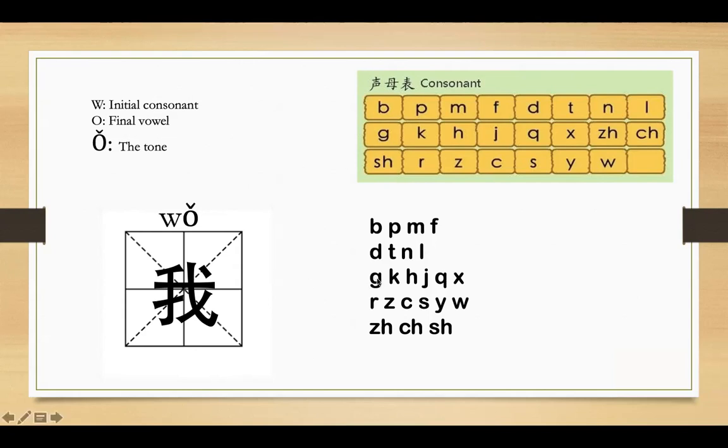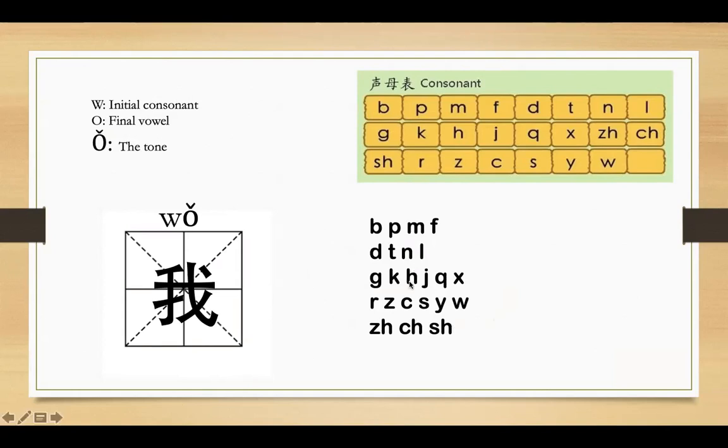The second row: this one is not G, it's g, like guys. G, guys. And K, we pronounce it as k, a light sound.